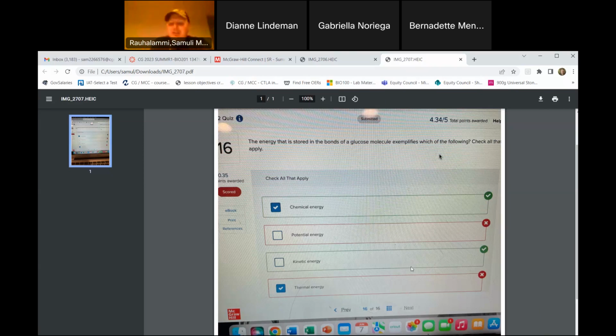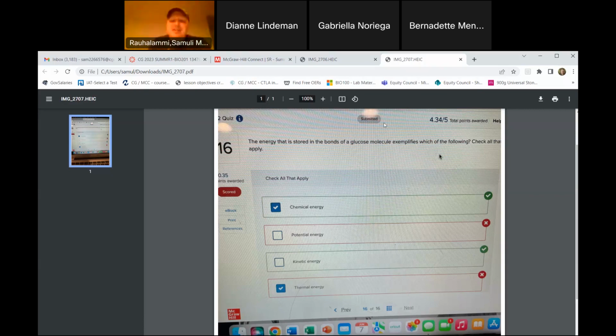You'll also see on the feedback that not choosing the kinetic energy shows up as a correct answer, so that's why we have that green tick mark on that. And for the thermal energy, since that was not something that we wanted you to click on, it's showing up as a wrong answer since it was chosen.